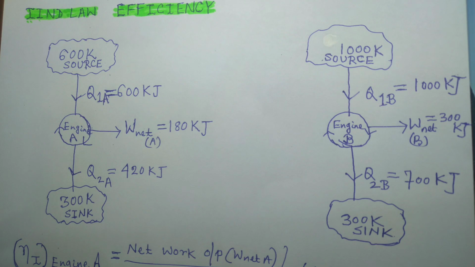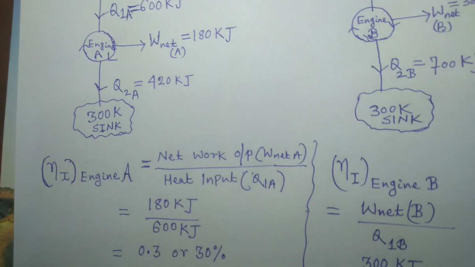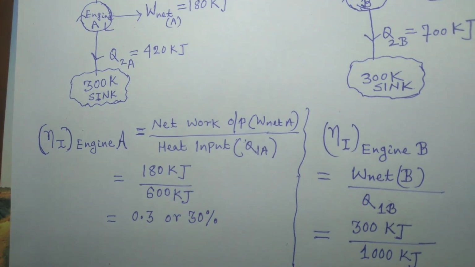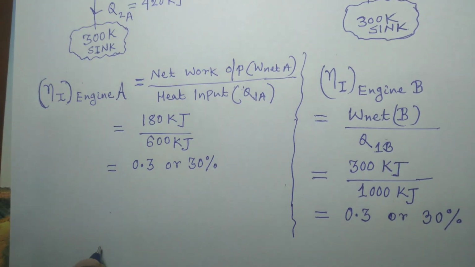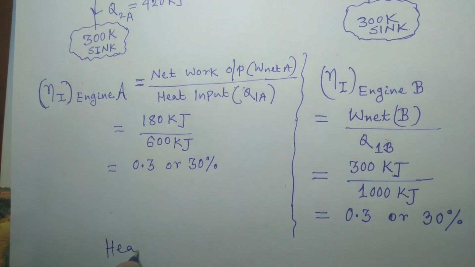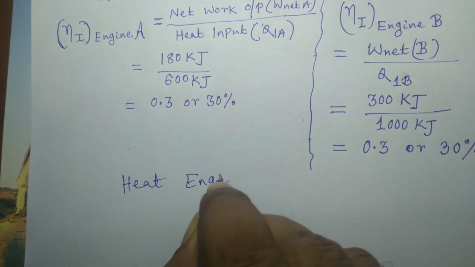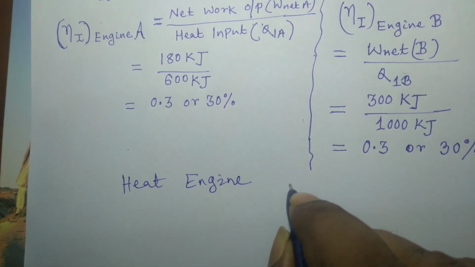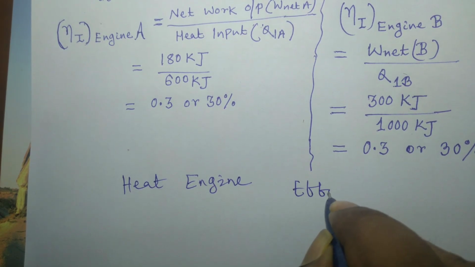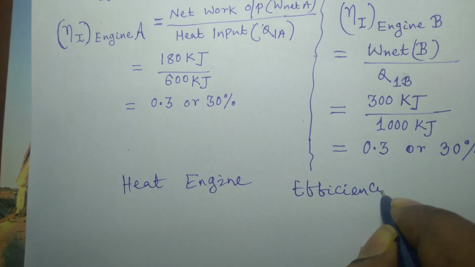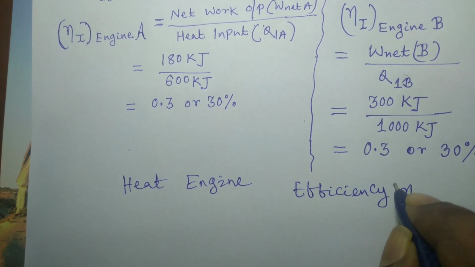Let's get started. You see, there are two performance measures. One for work producing device like heat engine. For heat engine we use a performance measure which is known as efficiency, which is denoted by eta.